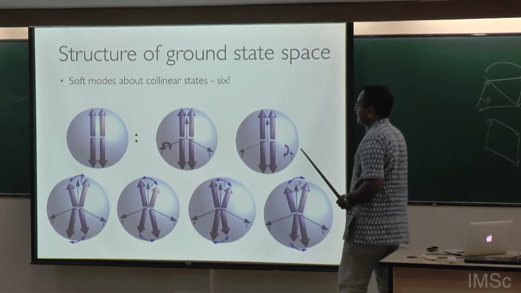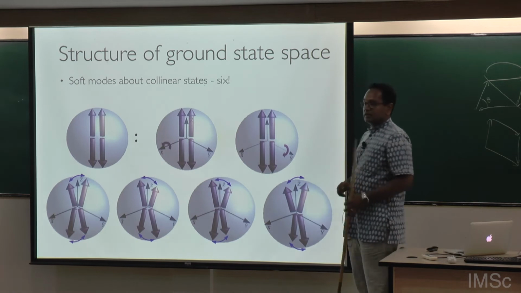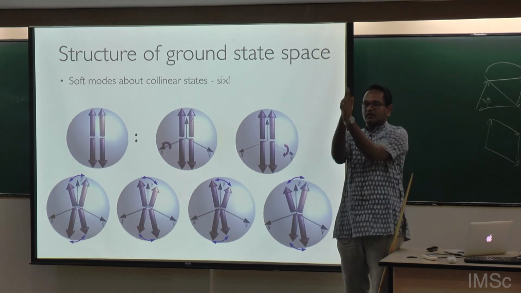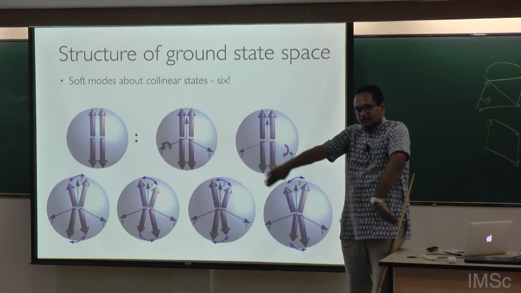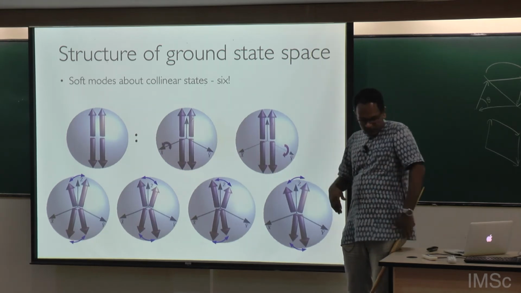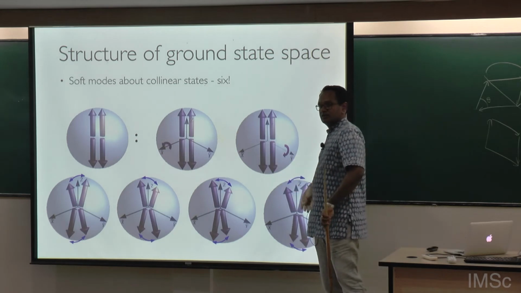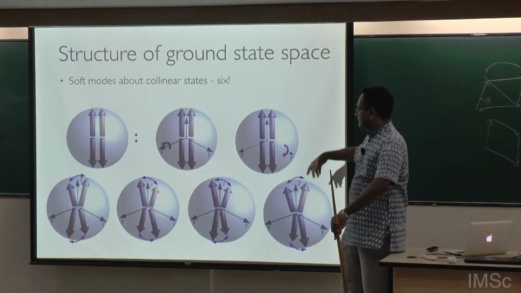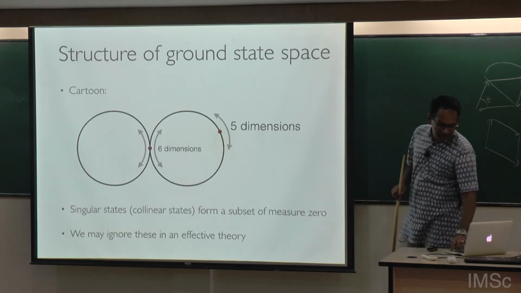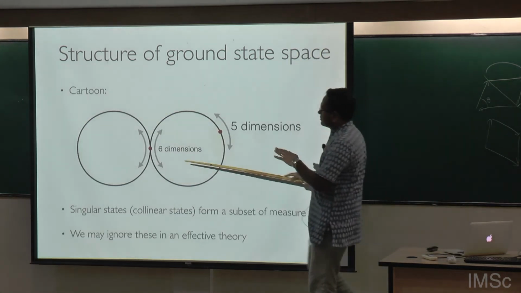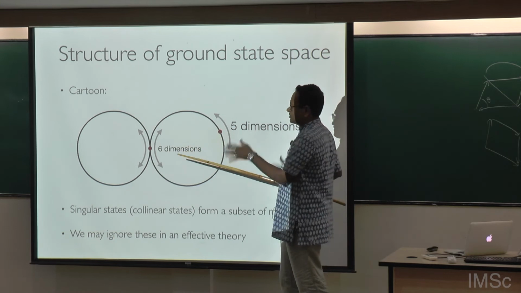And then I can do 4 types of deformations. I can take the 2 spins on top and move them apart like this or like that. And the 2 spins on the bottom, I can move them apart like this or like this. So I can do this independently. That gives me 4 deformations. So you can convince yourself very easily that there are 6 possible deformations. This is what tells us that at these singular points, this space actually looks 6-dimensional.